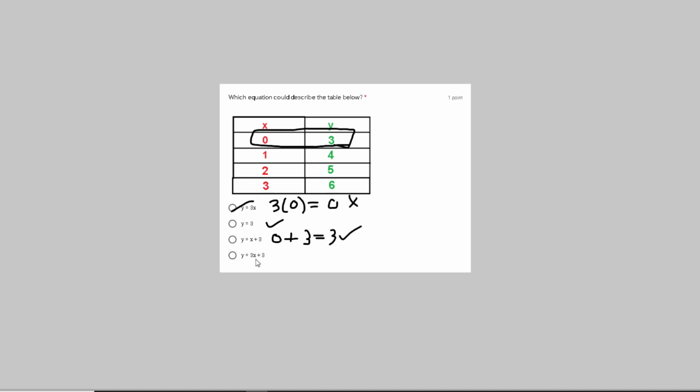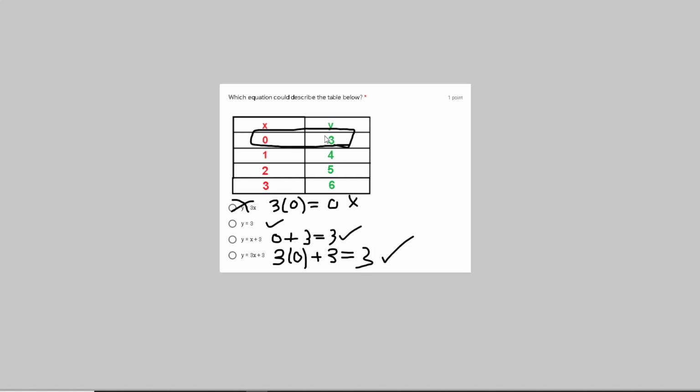And if we try this one, plug in a 0 for x here, we get 3 times 0 plus 3, which is really 0 plus 3, or 3. So that works as well. So far we didn't get to narrow it down too much. We only got rid of the first one. But the second row should do a little bit more.